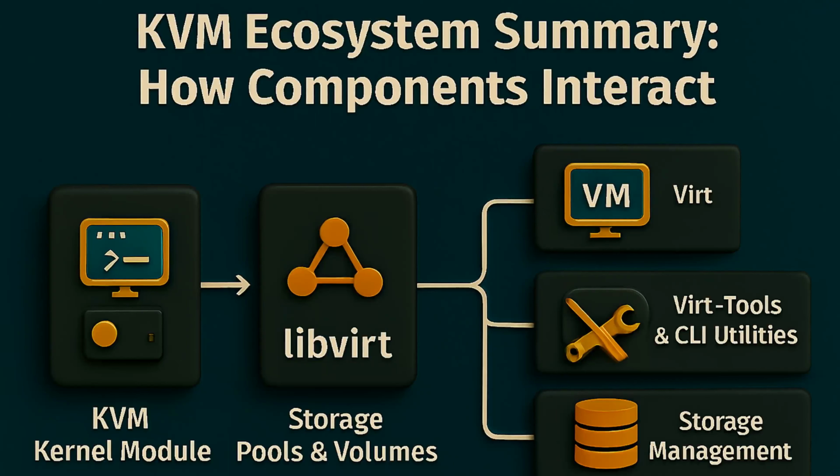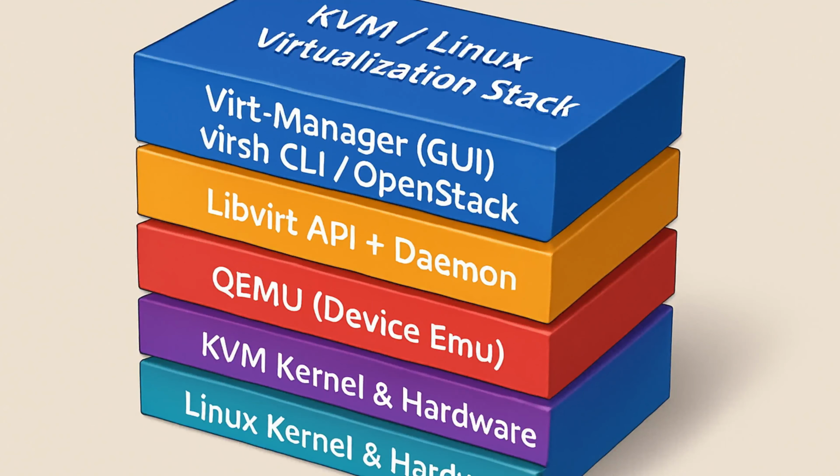So these are the four major products which generally come together to provide the virtualization platform or behave like a hypervisor whenever we are dealing with an open source operating system. The first one is KVM, the second one is QEMU, the third one is libvirt API and daemon services, and the fourth and last one is virt-manager.